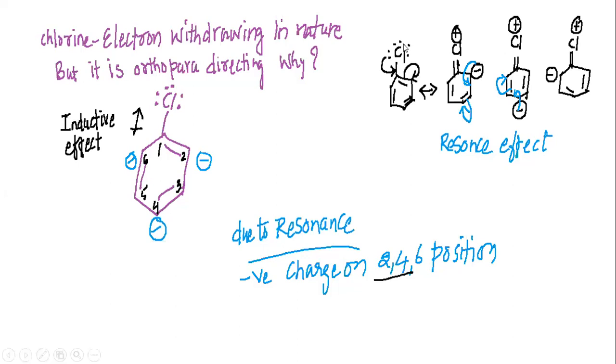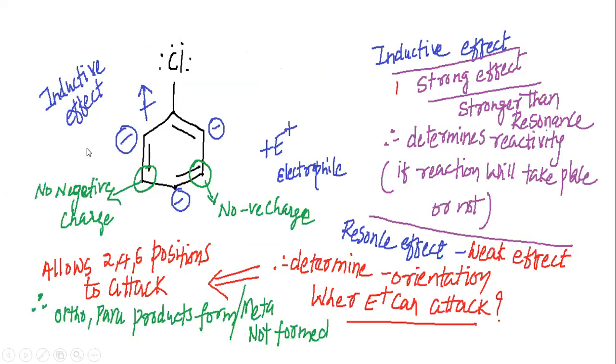You can even see that there is an inductive effect present between the carbon and chlorine. The dipole goes from carbon to chlorine because chlorine is more electronegative, and that is why in chlorobenzene two effects take place simultaneously. One is known as the resonance effect, another is known as the inductive effect.